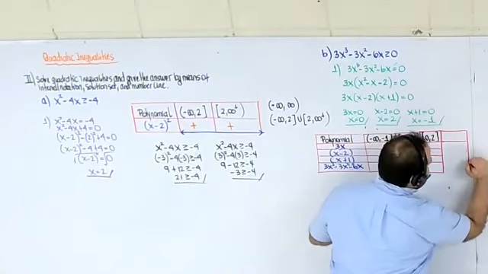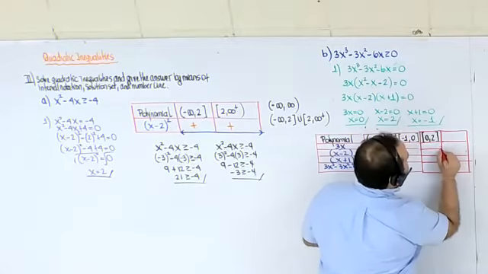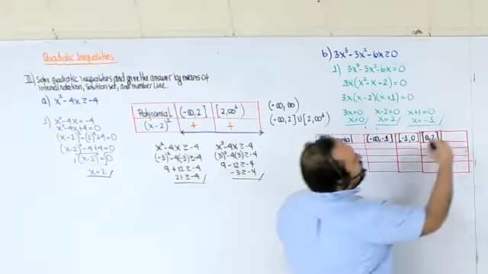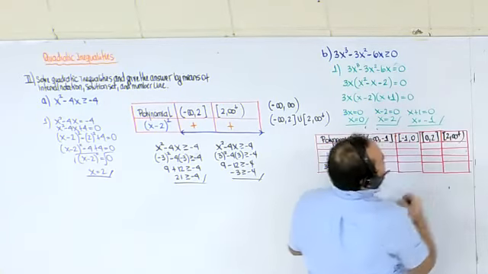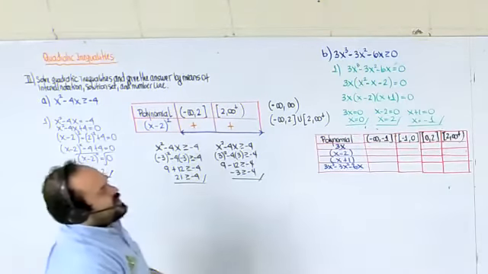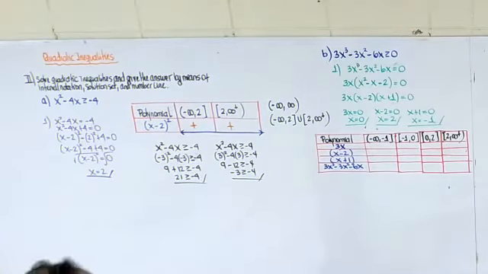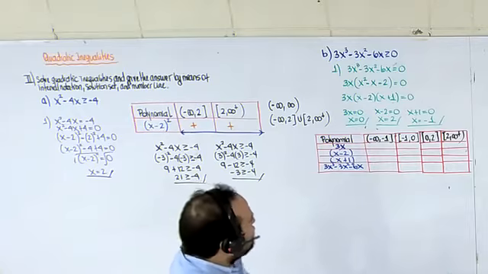Any idea? 2 to positive infinite. Exactly, 2 to positive infinite. And we are creating the table of signs in this situation. Well, let's create the table of signs.